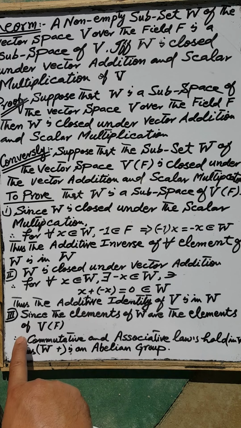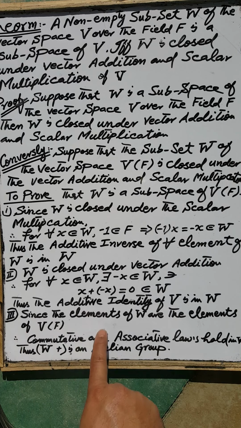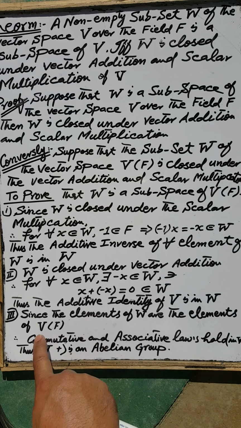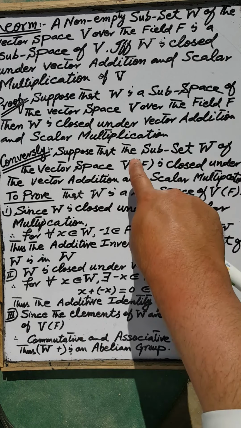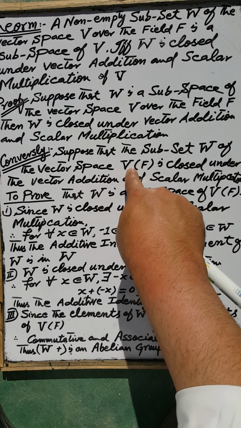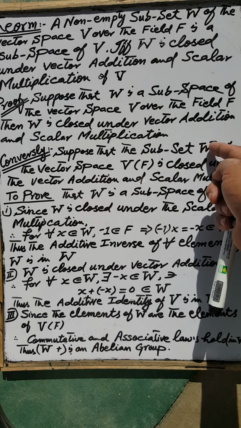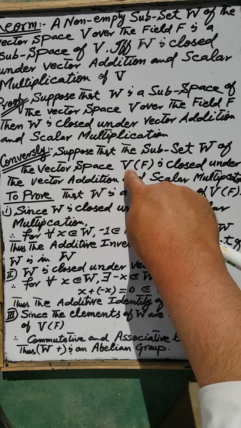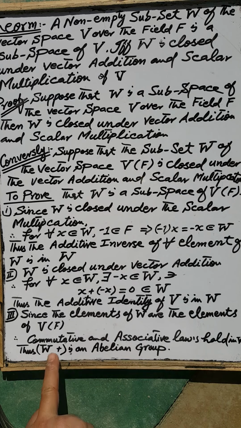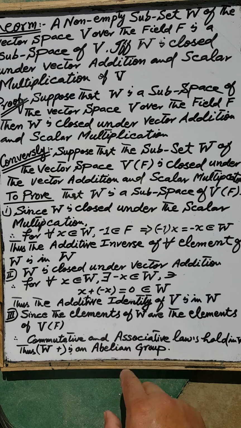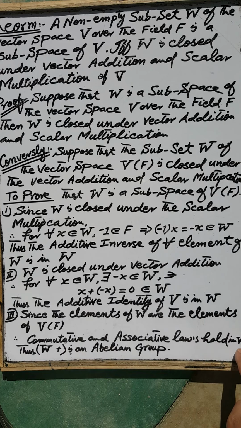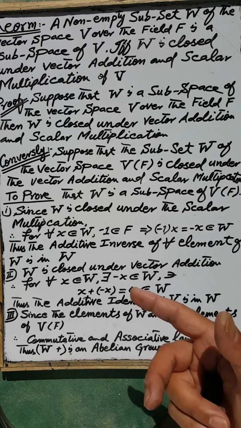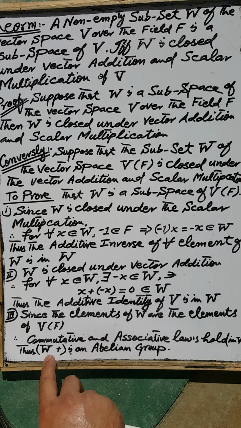Now, to check the next condition: since W is a subset of the vector space V, each element of W is an element of the vector space V over the field F. Therefore the commutative and associative laws hold in the elements of W. So this condition is already satisfied.